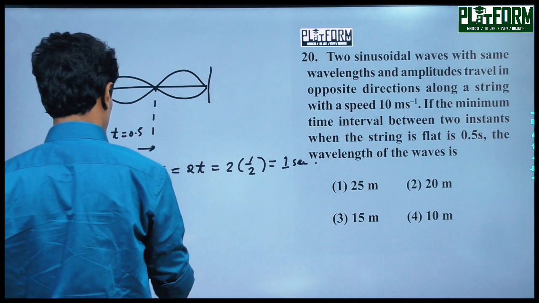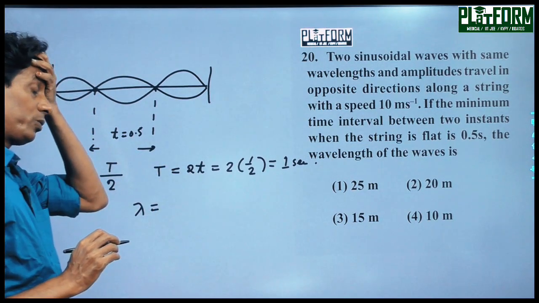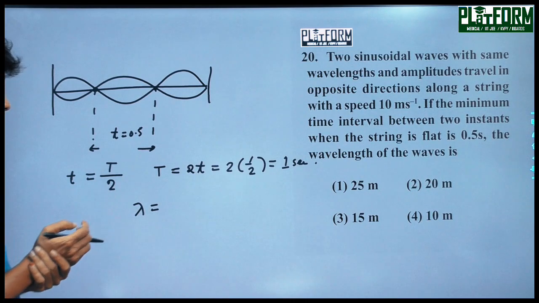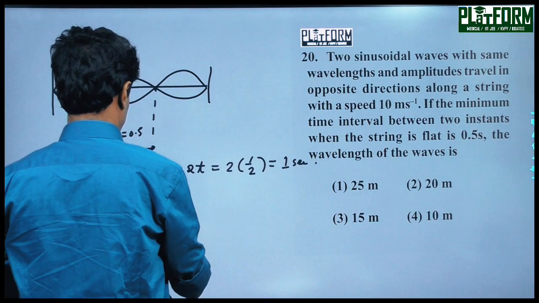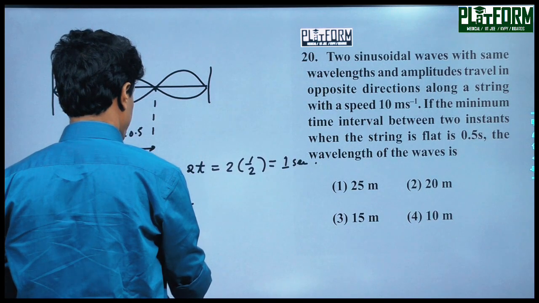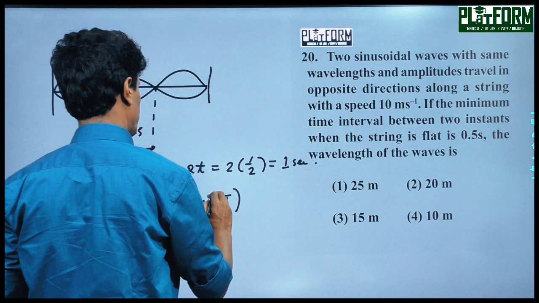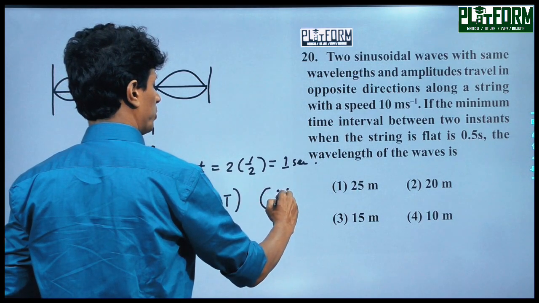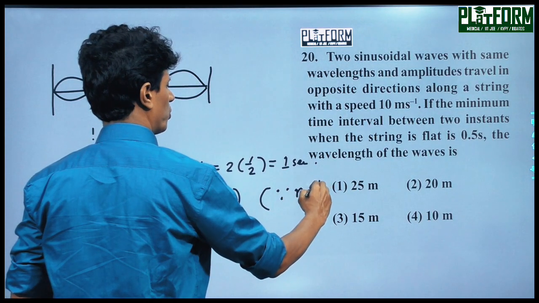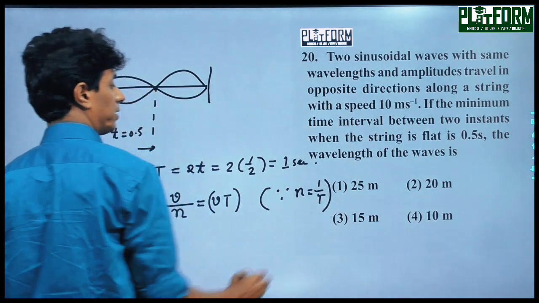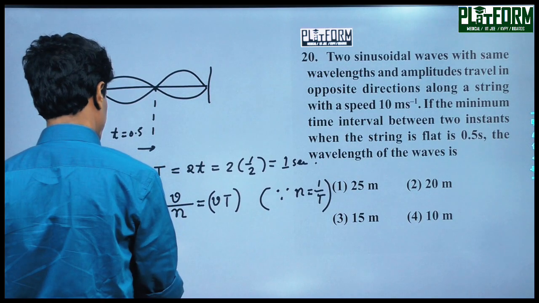We have to find out the wavelength. We know wavelength is velocity of wave by frequency, and since frequency of the wave is 1 by T, the reciprocal of the time period, the wavelength lambda is equal to vT.